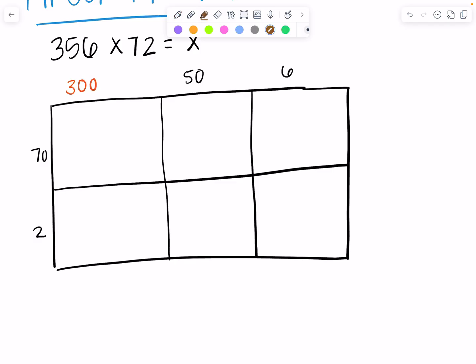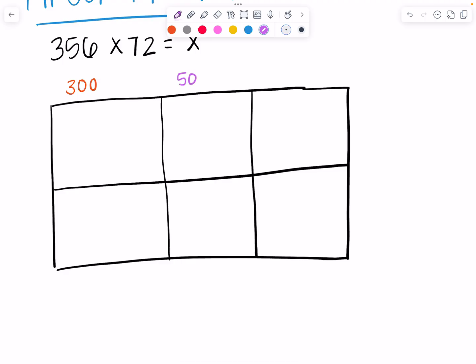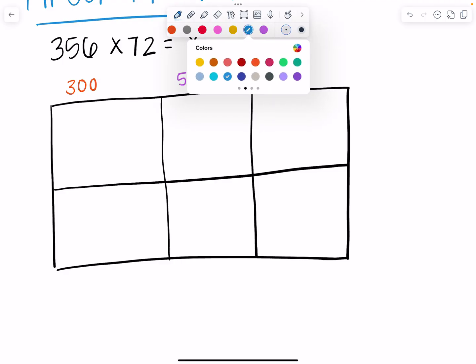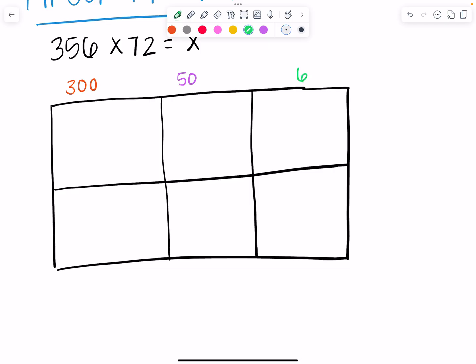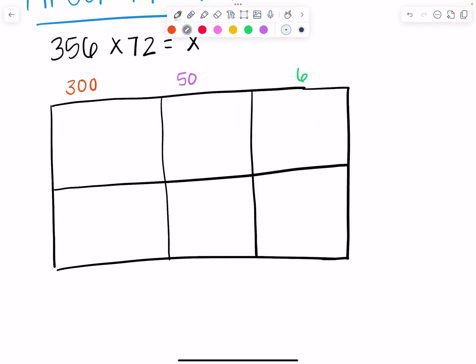Okay, so I'm actually going to go in and just to help y'all, I'm going to color code this one just so you can kind of see the different steps, so that if you're still having some misconceptions with this, hopefully having the different colors might help with that, because I know that always helps me.